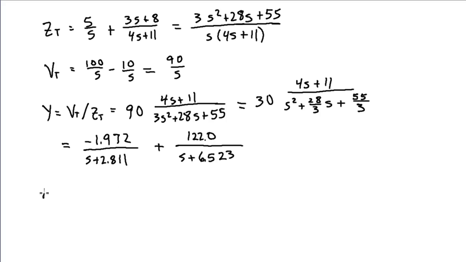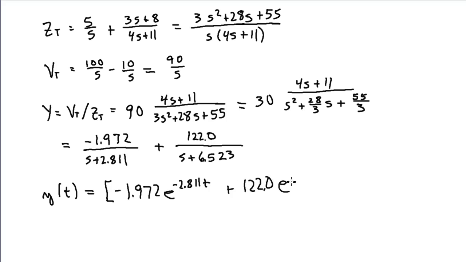And now I'm in a position to find the current in the time domain, y of t. Take the inverse transform of this first term, I'll have minus 1.972 e to the minus 2.811 t, and then plus 122.0 e to the minus 6.523 t, u of t.